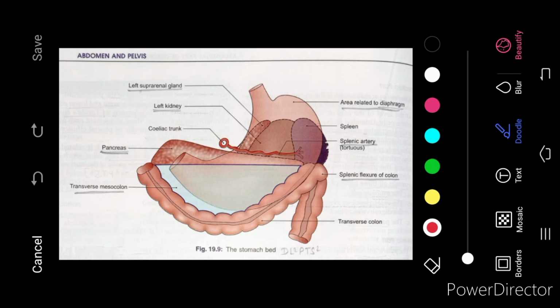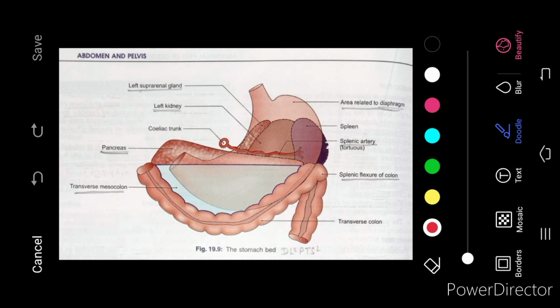So in this figure we can see the stomach bed, that is the structures forming the stomach bed. We can remember the structures of stomach bed by using the mnemonic such as DL square PT S square.